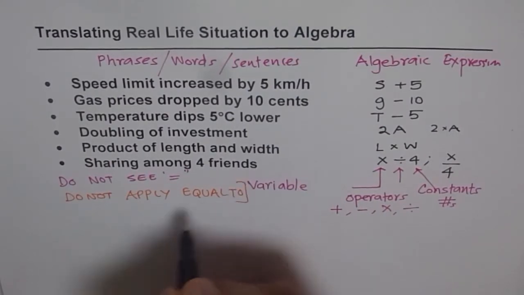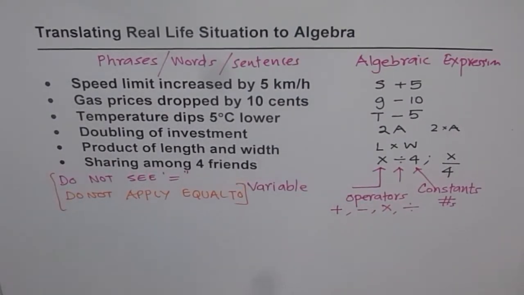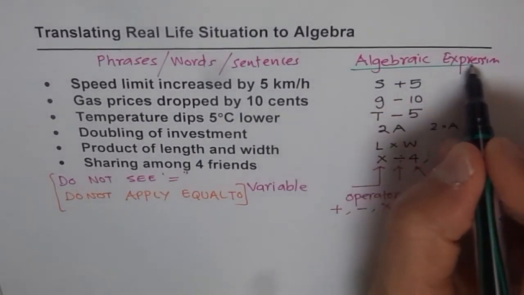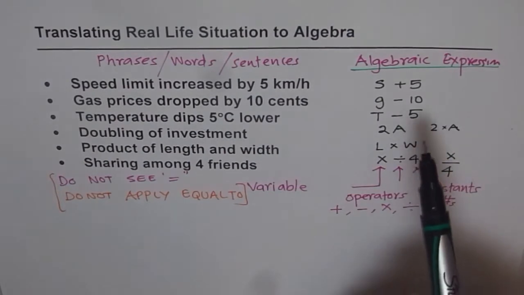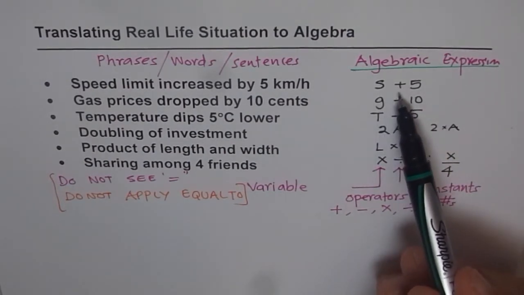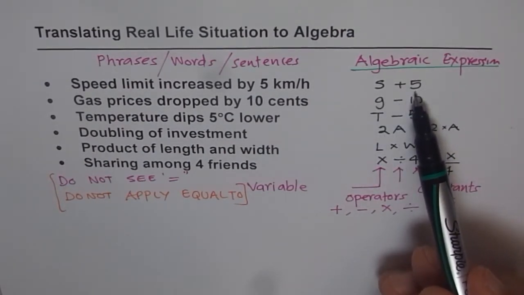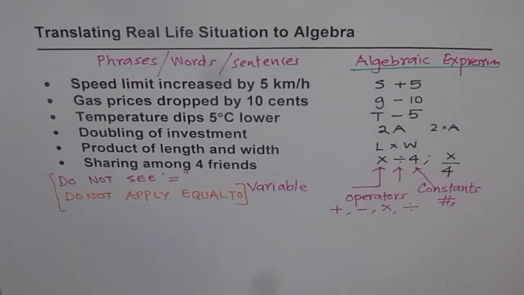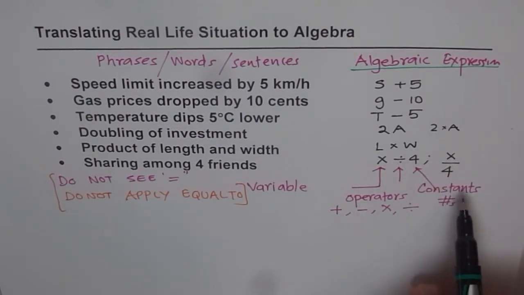That is a precaution you have to take from now onwards when we are talking about algebraic expressions. In algebraic expressions, as you see, we will have a variable, an operator, and a constant, right? There could be more than one variable, more than one operator, more than one constant or number, but there cannot be any equal to sign.